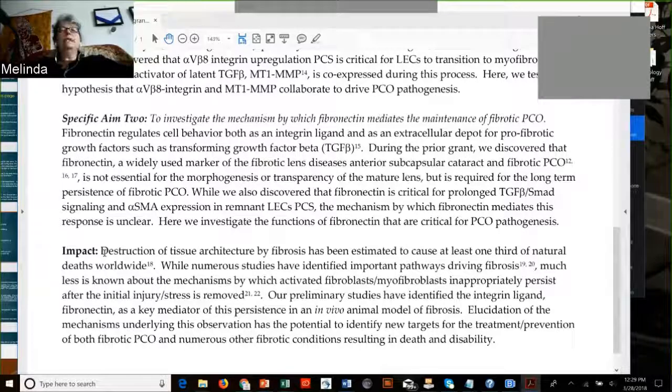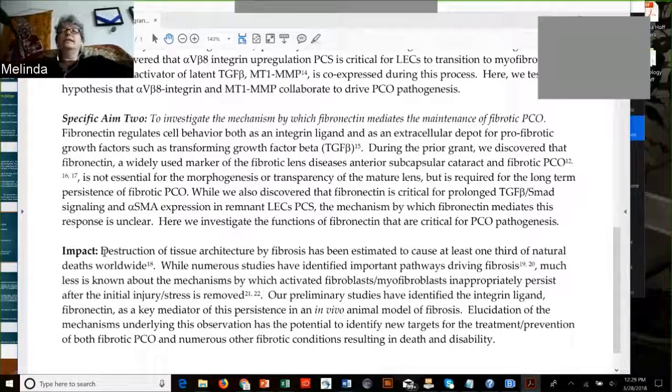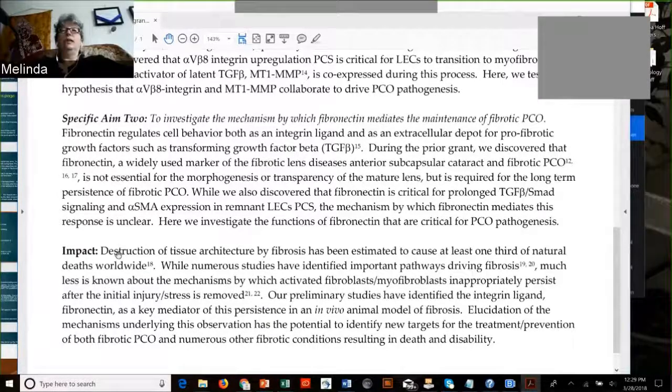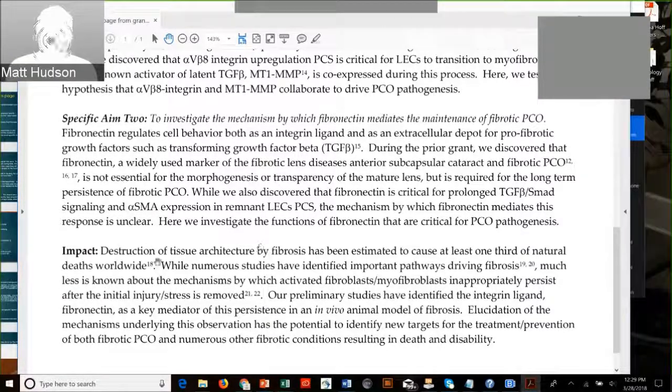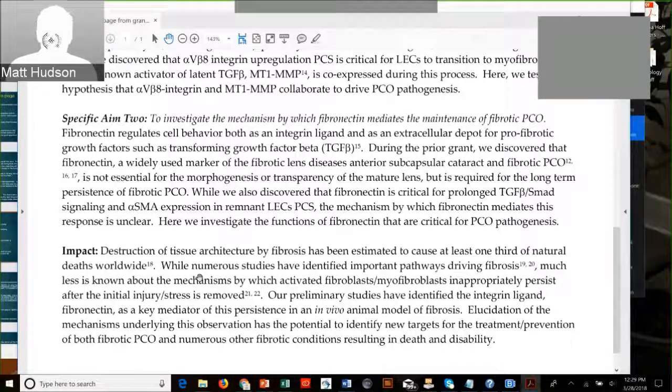So I am basically saying that this work in this one fibrotic disease could be important in many, many fibrotic diseases. So I'm talking about the impact of this work not just beyond my little fibrotic disease. It could be important for all sorts of fibrotic diseases. And I say, why is fibrotic disease important?